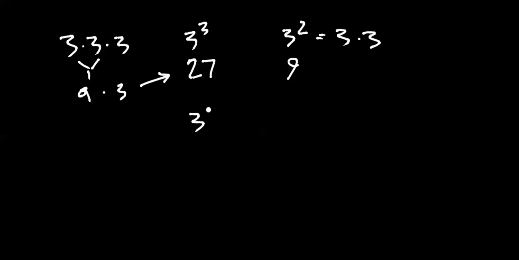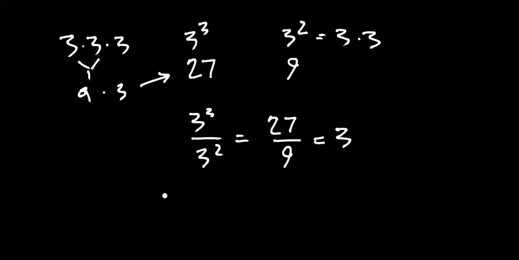So if I have 3 cubed over 3 squared, this is the same as saying 27 over 9, which is equal to 3. 27 divided by 9 is equal to 3.